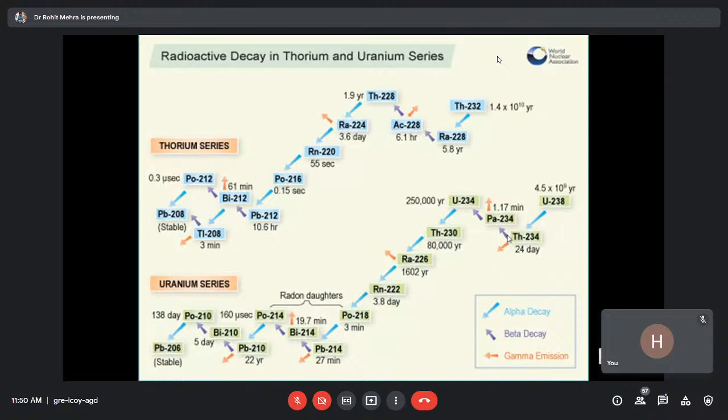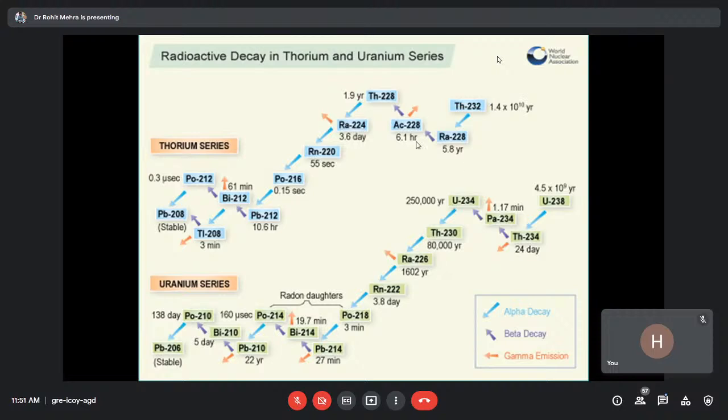And there is always a trend. As a physicist, there is always a trend that if an alpha decay is there, it will be towards the left and downward side, because helium is being emitted out, so atomic number will reduce by 2 and atomic mass will reduce by 4.